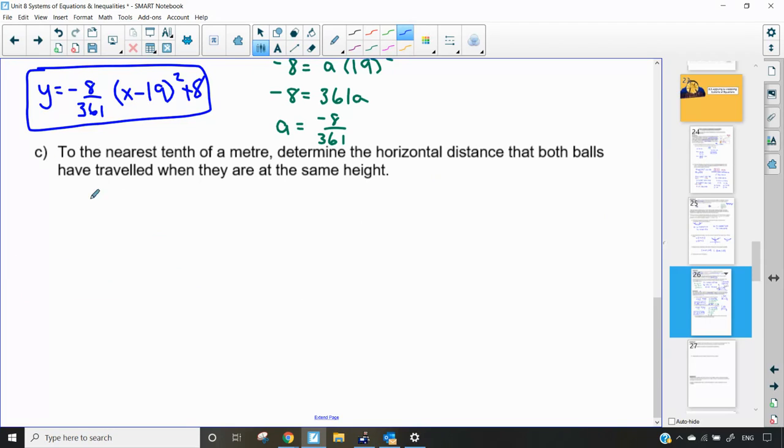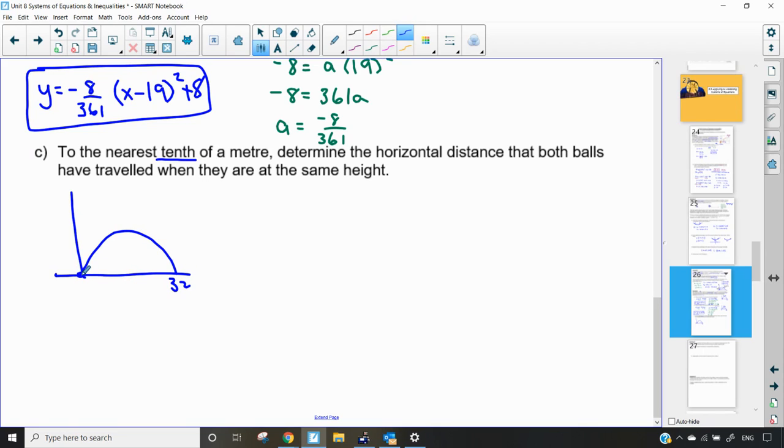So for this next question, we're asked, to the nearest tenth of a meter, to determine the horizontal distance that both balls have traveled when they are at the same height. So let's start off by doing a quick sketch of both paths here. So we have the first ball that comes up and down and it lands 32 meters away from where it was kicked from.